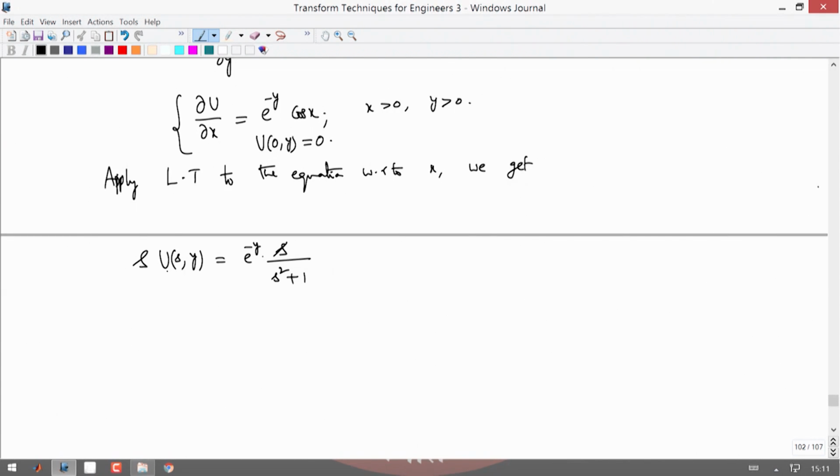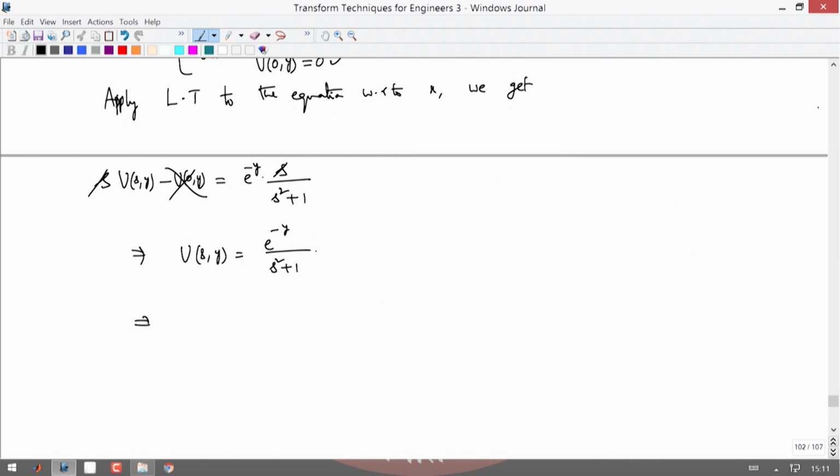So, the left hand side is s times capital U of (s, y) minus capital U of (0, y). This is 0 because of this condition. So, s also goes, and you get finally U of (s, y) equal to e power minus y divided by s square plus 1.